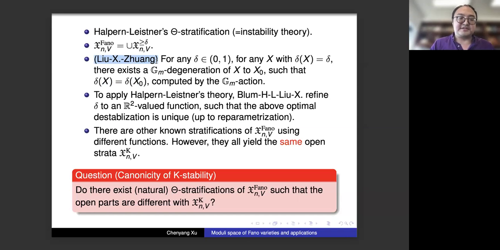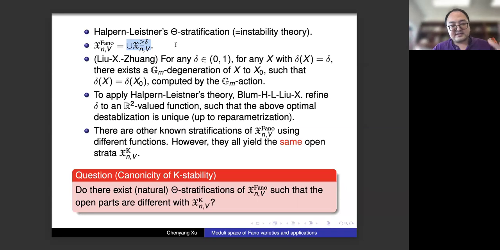So if you put this together, we show that this stack of Fano varieties admits something called a theta stratification, which is not exactly this one but some refinement of it, and the open set is still just the K-semistable locus. One mysterious question I always have is that there are other stratifications of Fano varieties using different functions, very similar to theta stratification, all coming from some kind of K-stability theory.